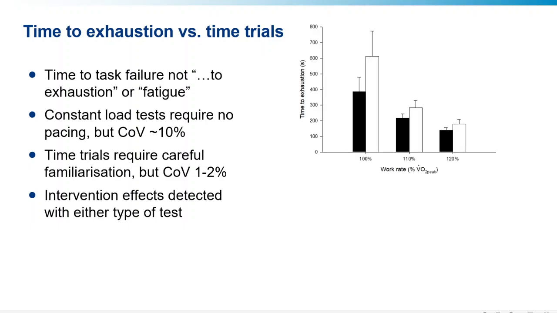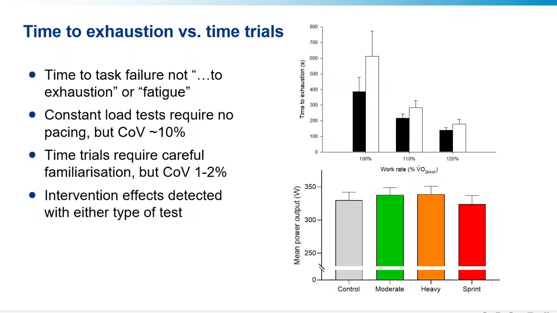So for example, here's a panel I showed you last week looking at the effect of priming exercise. This is the control condition with no priming exercise. This is after a bout of prior heavy exercise, and you can see that time to task failure, we've stupidly called it time to exhaustion there, has been extended by 60% here and about 30% in the other two conditions. So a very substantial improvement in time to task failure.